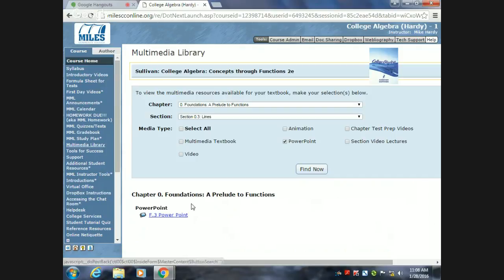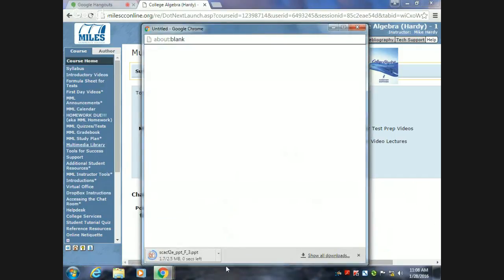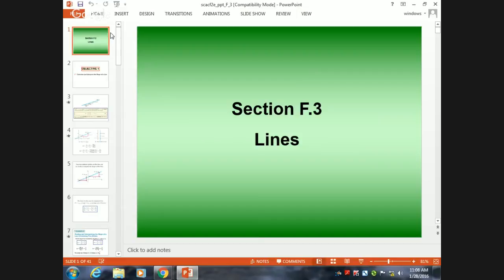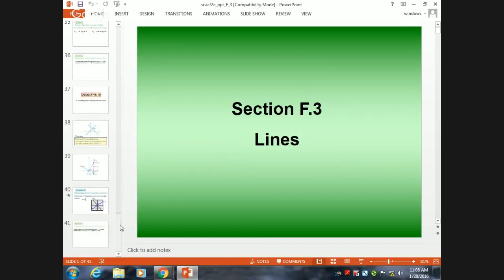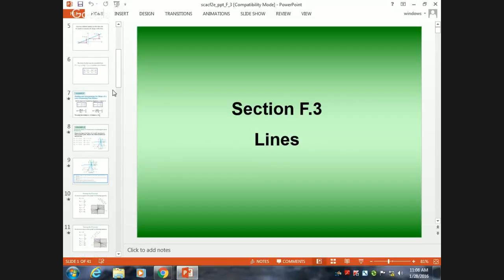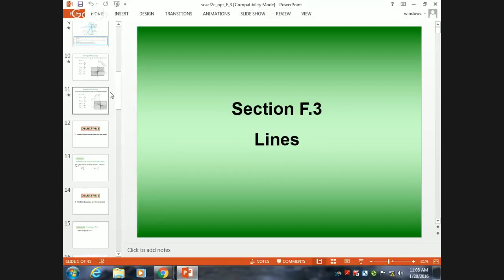Okay. So I get this PowerPoint from the Multimedia Library. It starts off, and there's a lot of objectives that this PowerPoint is supposed to be covering, and it goes on and on. But I've got basically an idea or a thought. I want to go to what's called the second objectives.